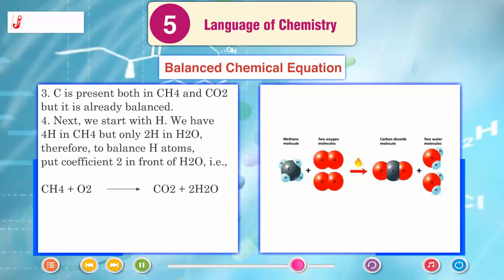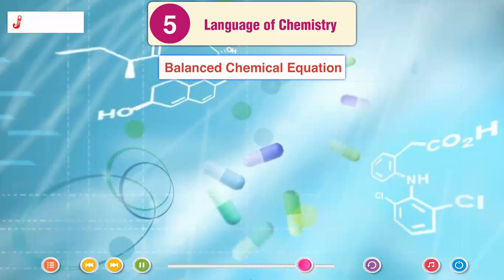C is present both in CH4 and CO2 but it is already balanced. Next we start with H. We have 4 H in CH4 but only 2 H in H2O. Therefore, to balance H atoms, put coefficient 2 in front of H2O, that is CH4 + O2 → CO2 + 2H2O.